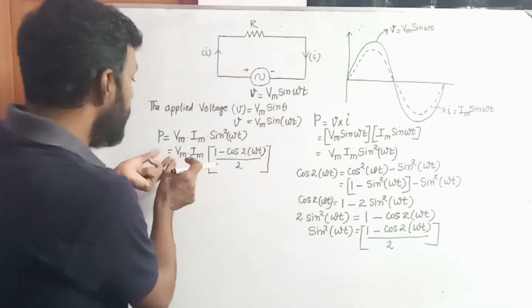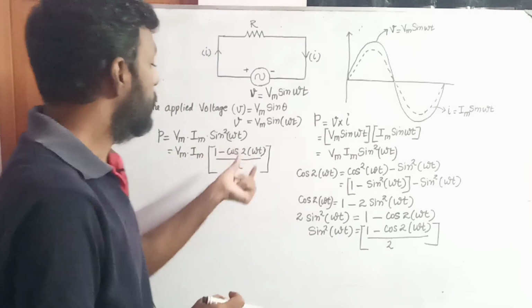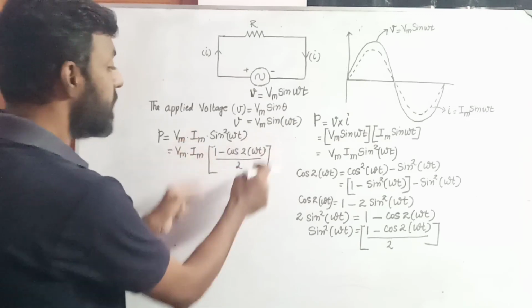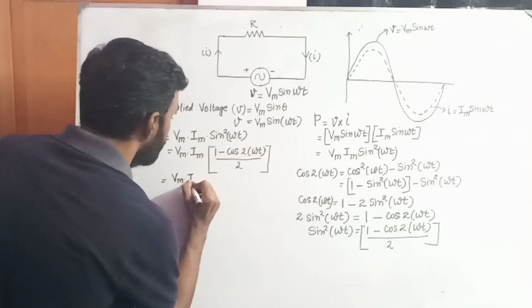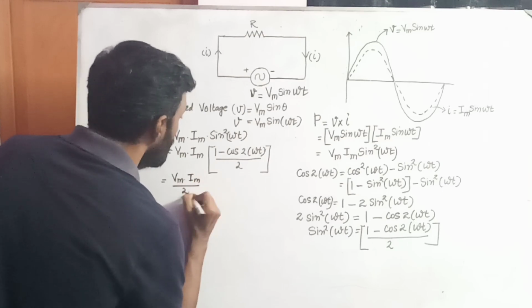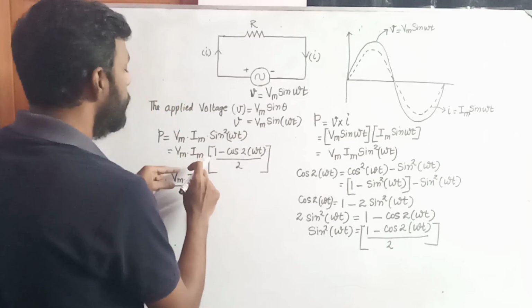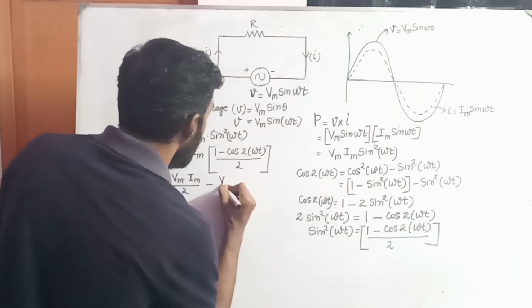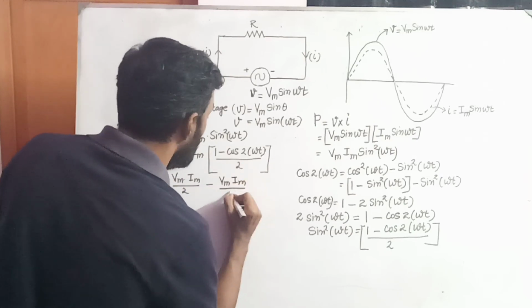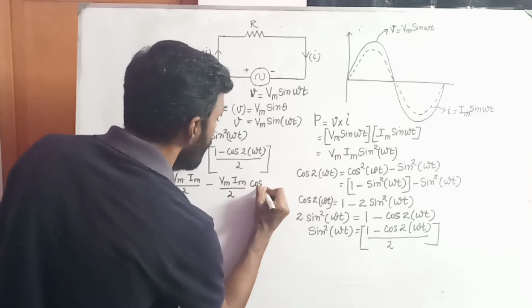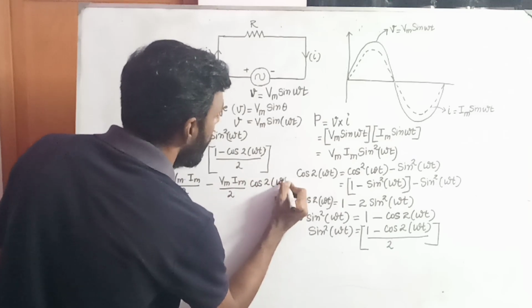Therefore, I am multiplying this product of Vm Im with the individual terms inside this bracket. So it will be Vm Im divided by 2 minus Vm Im divided by 2 into cos of 2 omega t.